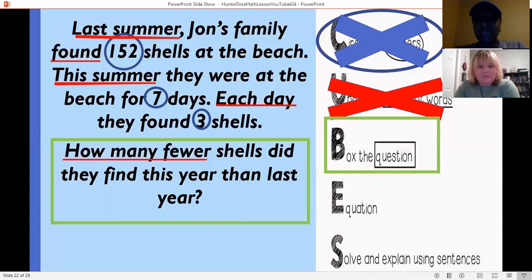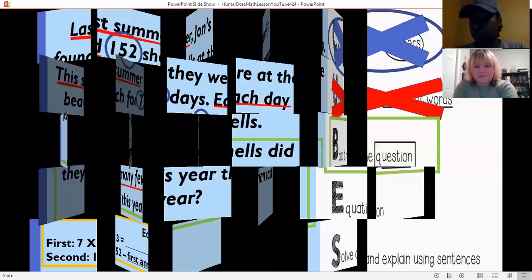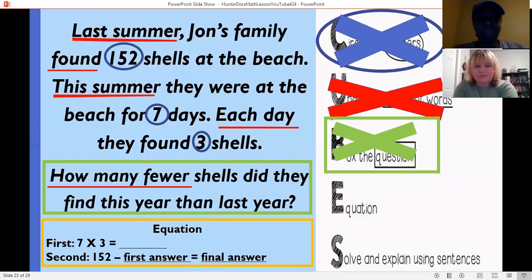All right, the next step is to box the question. How many fewer shells did they find this year than last year? Again, how many fewer was a clue and the question mark. E stands for what, friends?